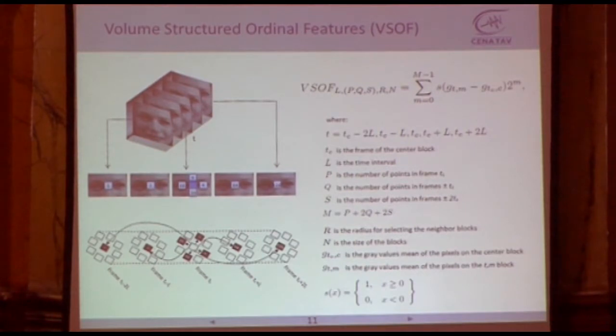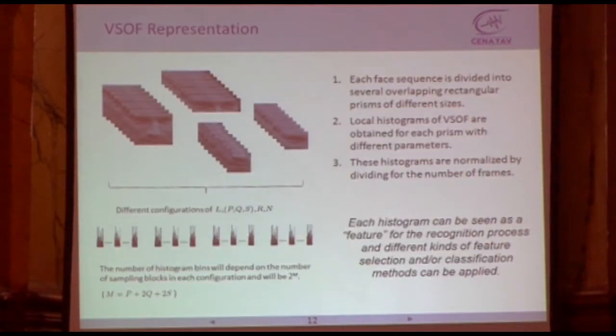When we have this operator, then for representing a face sequence, the face is divided into several overlapping rectangular prisms of different sizes, and local histograms are computed over each of these prisms using different configurations of the combination of all these parameters. It is important that these histograms are normalized by dividing by the number of frames, so sequences of different sizes can be compared.